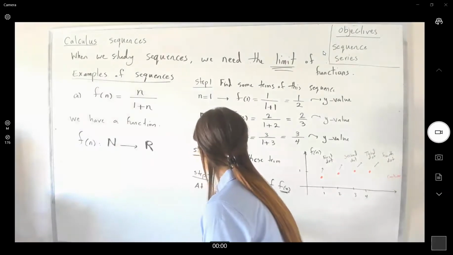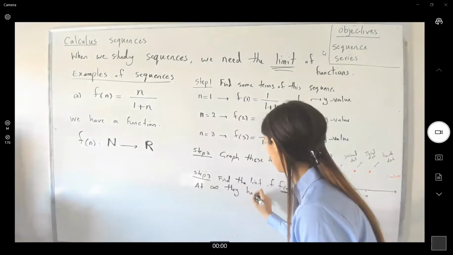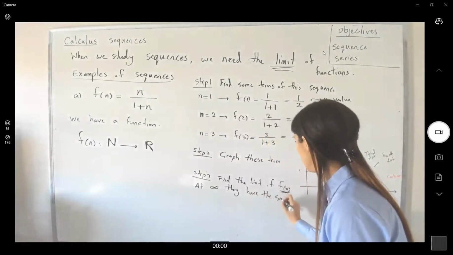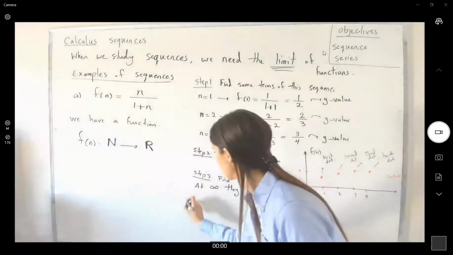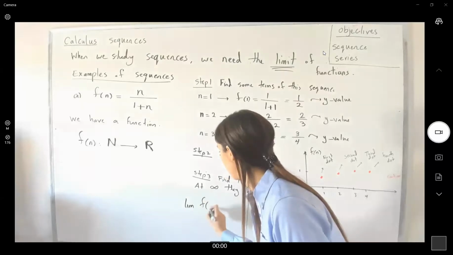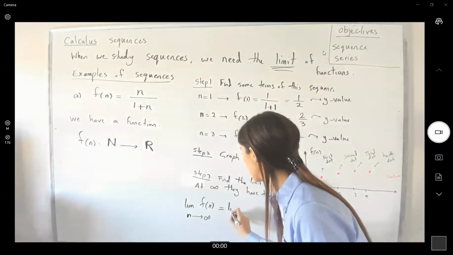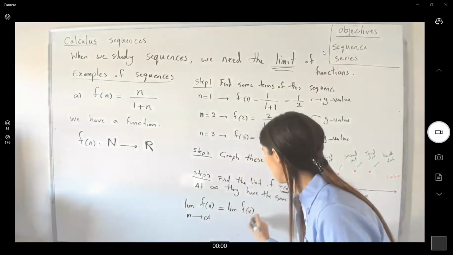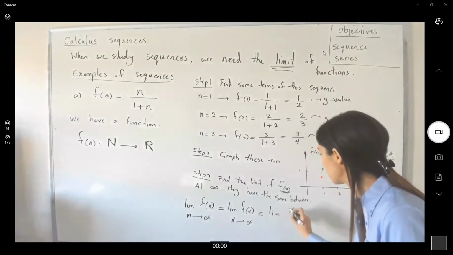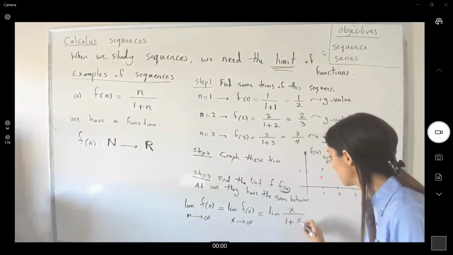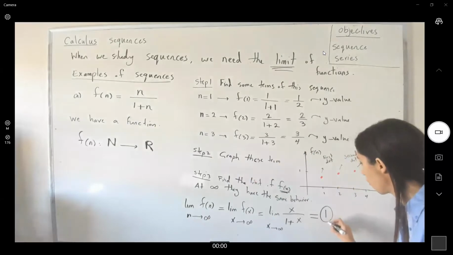At infinity, they have the same behavior. So the limit of f of n while n goes to infinity is the same as the limit of f of x while x goes to infinity, which is the limit of x divided by 1 plus x while x goes to infinity, which is equal to 1.